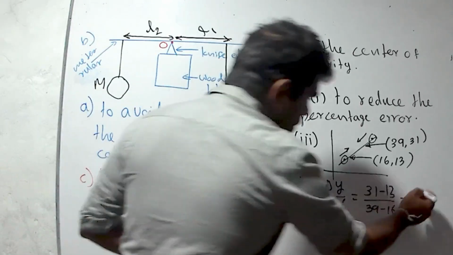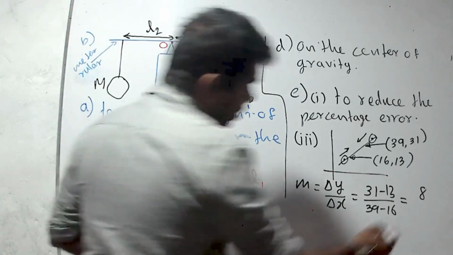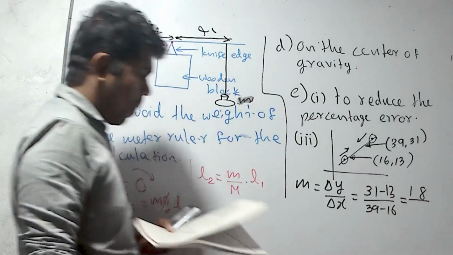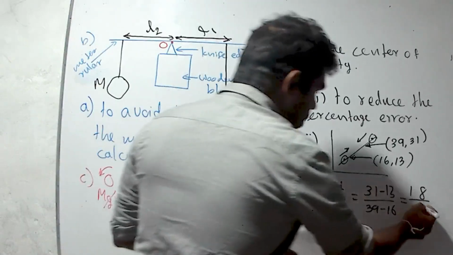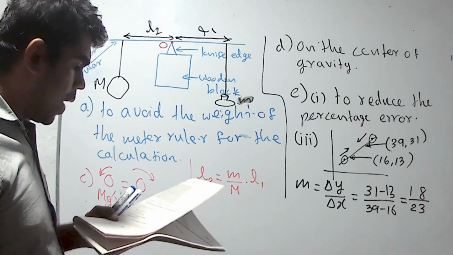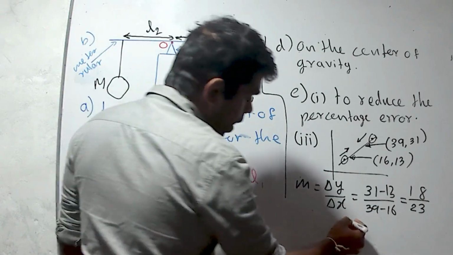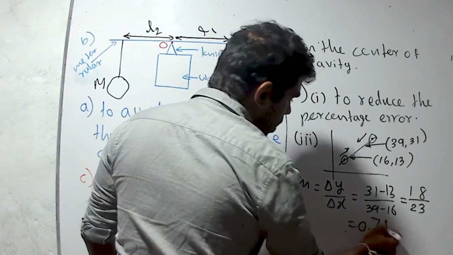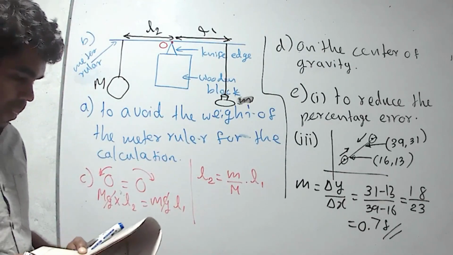That gives 18 divided by 23, approximately 0.78. That is the gradient.